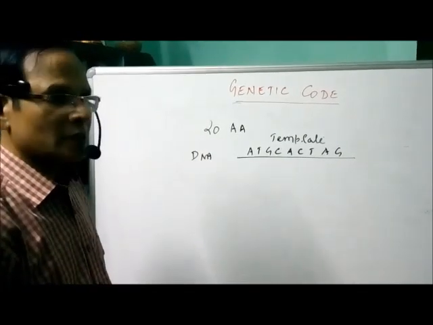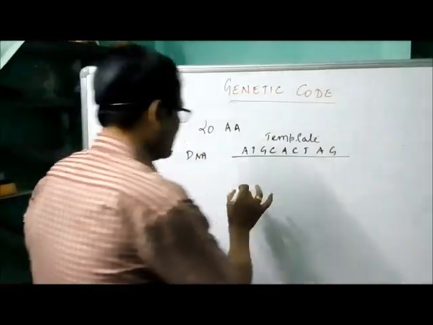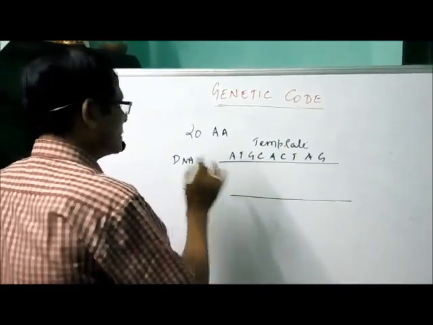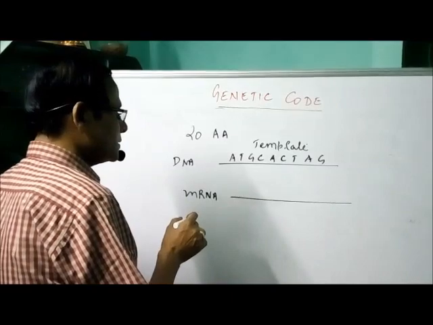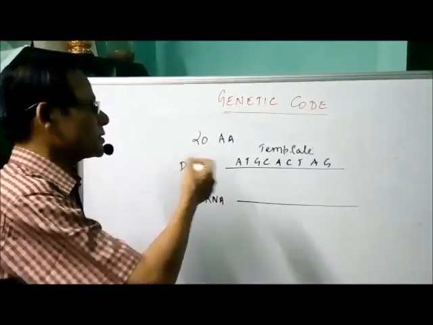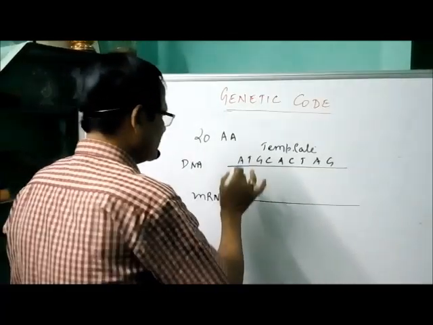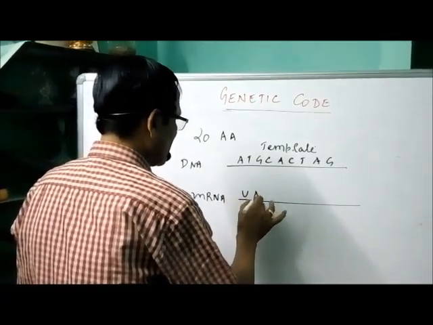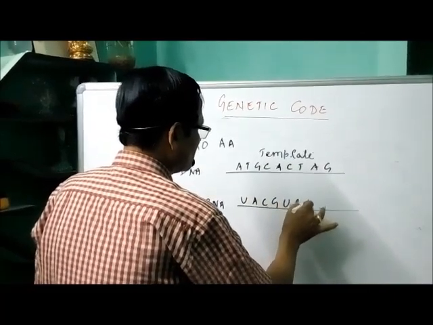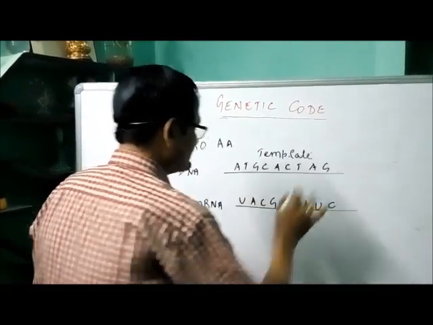Now this nucleotide sequence is being transcribed into mRNA, so I am taking this as mRNA. The bases present in mRNA are complementary to the bases of the template strand. If you have A, here you have U, T gives A, then C gives G, A gives U, and so on.